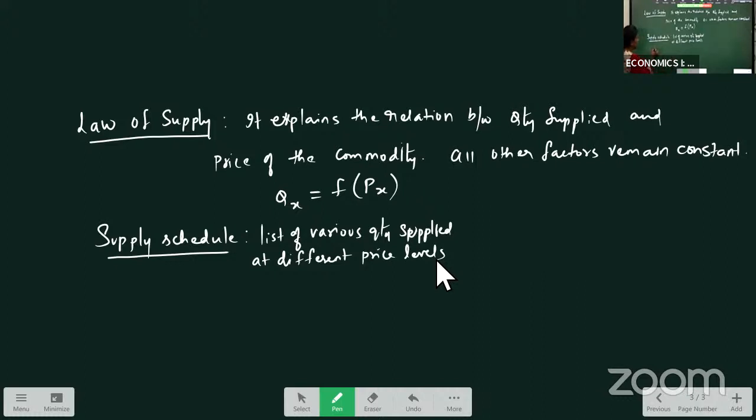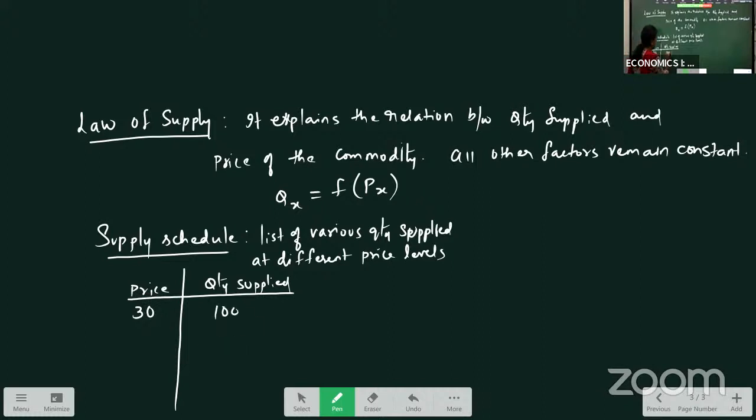For example, you see now here, price we are taking, and in one column we are taking quantity supplied. Now, as a producer producing the goods, when the price is low, he will supply less quantity. When the price is high, he will supply more quantity. For example, take books.